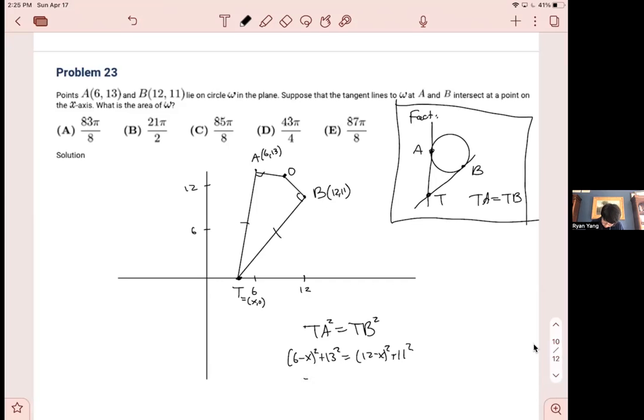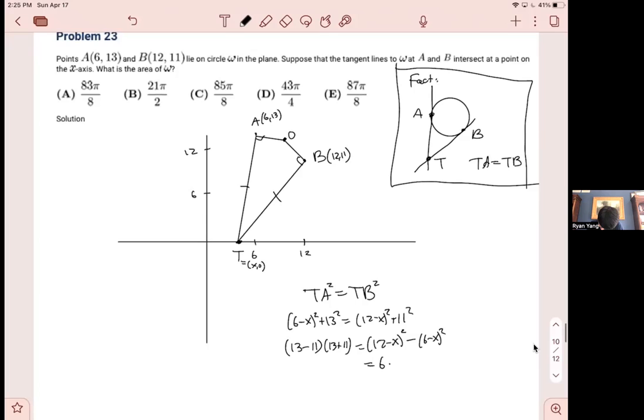So subtracting 11 squared from both sides and doing difference of squares, we get this.